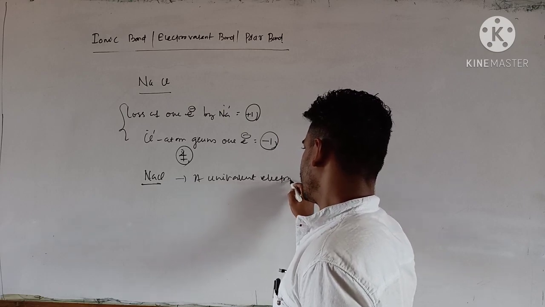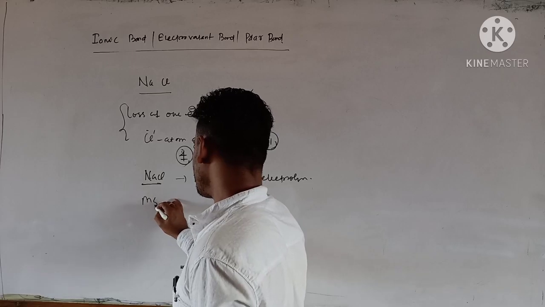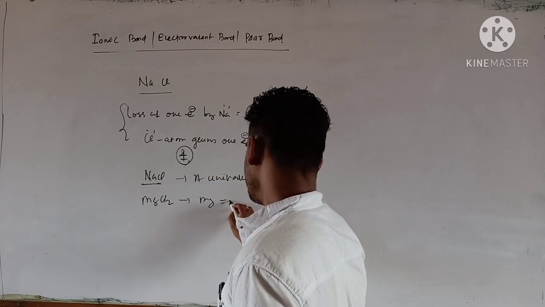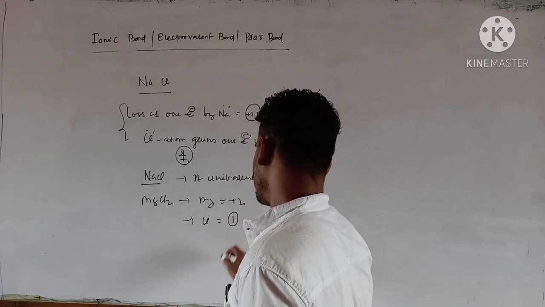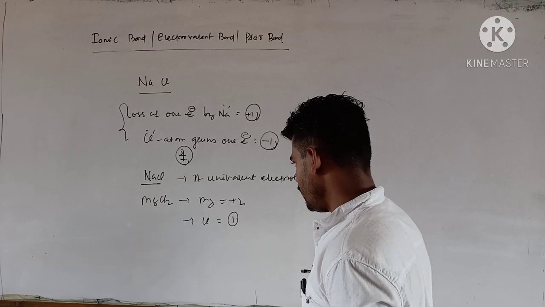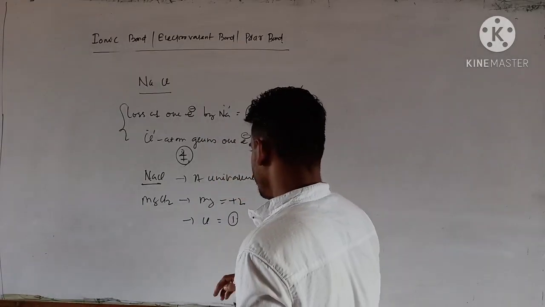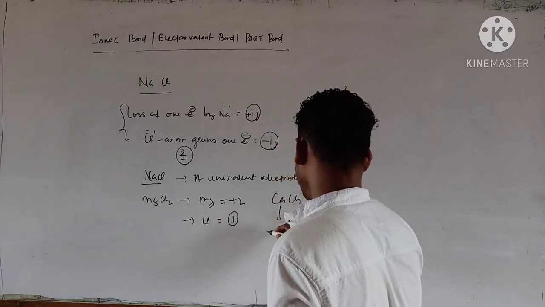Similarly, if I consider magnesium chloride, MgCl2, what is the valency of magnesium? That will be +2, and the valency of each chlorine will be 1. That's why it is called a uni-bivalent electrolyte. Is that clear? Next, if I consider CaCl2, what will be the valency of calcium?